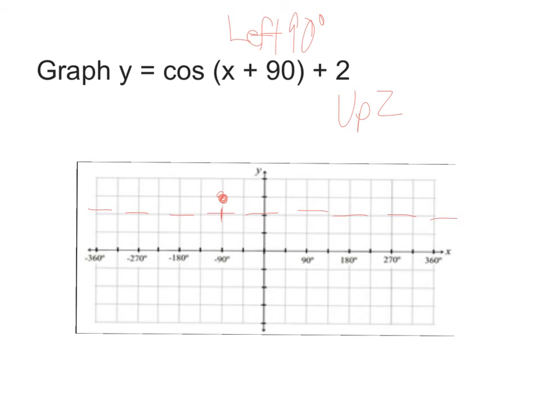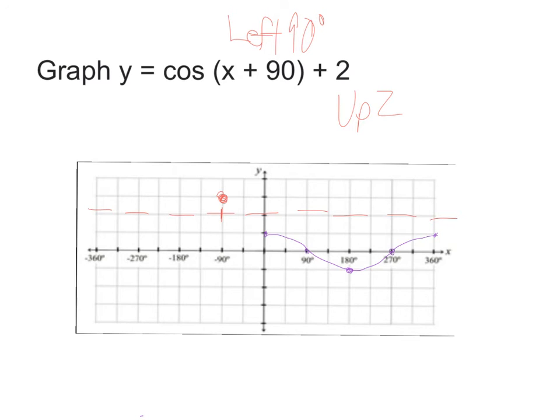But is that like the first point? That's where the original function looked like this. Here's our original cosine function. So this point here got shifted to the left 90 degrees and up 2.